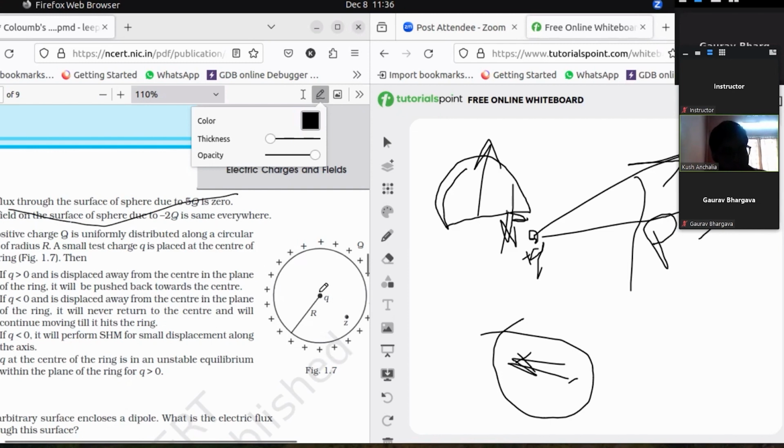If q is positive and displaced here, it will repel here, so it will do an SHM. But if q is negative, it will attract, and it will just exit this loop. It will push back toward the center. Yeah, it will never return to the center. For less than 0, I don't know. For less than 0, we cannot say.